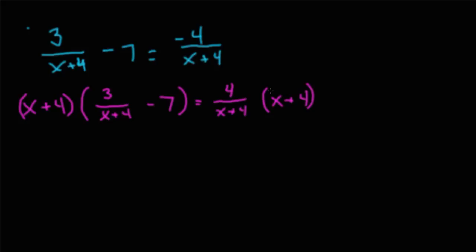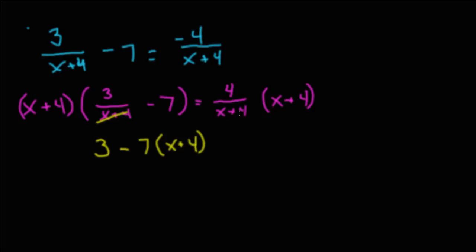Now when we multiply by fractions, this x plus 4 term will cancel out with this x plus 4 term here. So x plus 4 times 3 divided by x plus 4, that will cancel out, and we'll be left with 3. And then what we'll have here is a minus 7 times x plus 4.